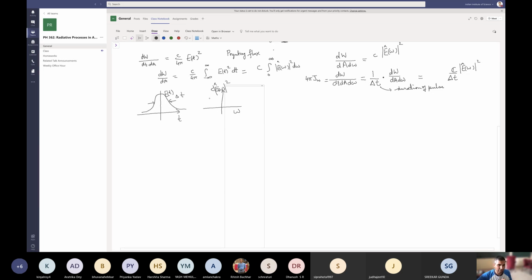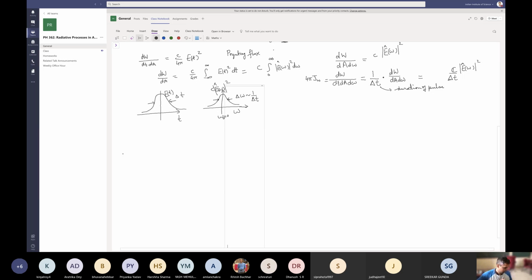For a real signal, this is always symmetric: minus omega and plus omega have the same power. This does not have any oscillation, so its power peaks at omega equal to 0, and it has a bandwidth of order 1 by delta t.